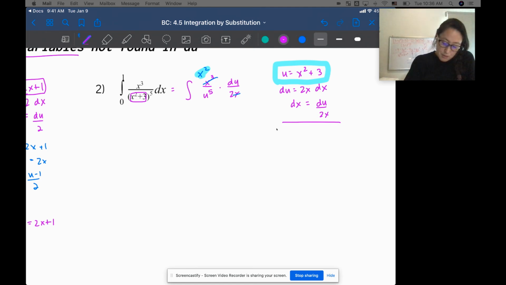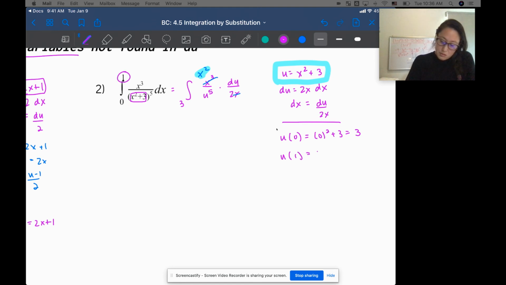But let's go ahead and get our upper and lower bounds because it looks like this is going to work out okay. So u of 0 is equal to 0 squared plus 3. So that's 3. And my upper bound, sorry, is u of 1.